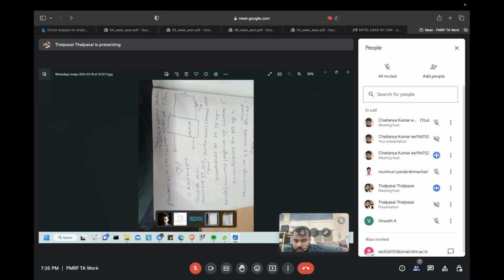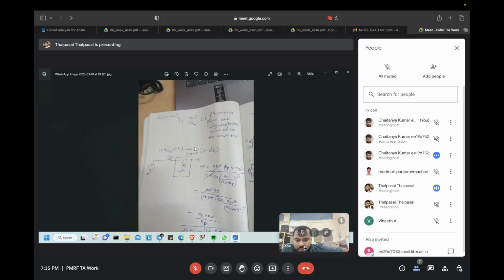With this relation, Vn2 is greater than Vn1, that means Vn2 squared by Vn1 squared, the noise is greater than one, like that he discussed. What I understand is, if all noise sources are not activated, the noise would be less, and if all noise sources are activated, the noise will be more. With this relation, how did we come to Vn2 squared by Vn1 squared?